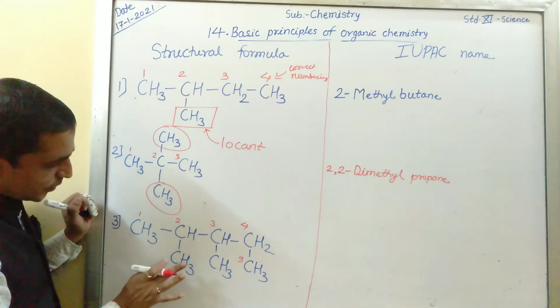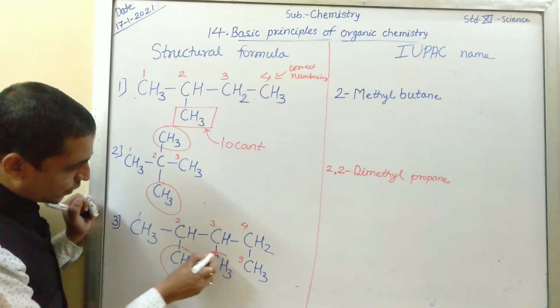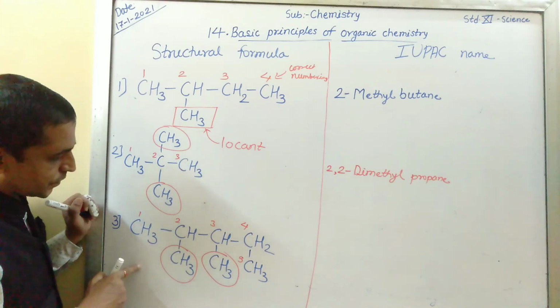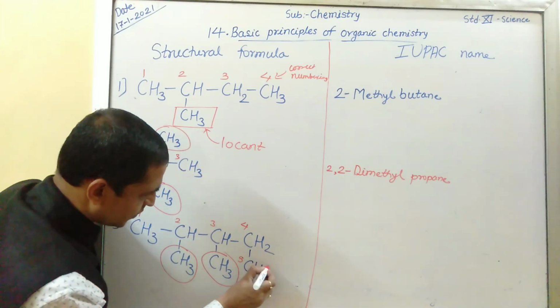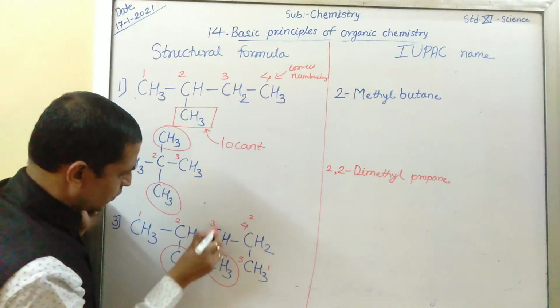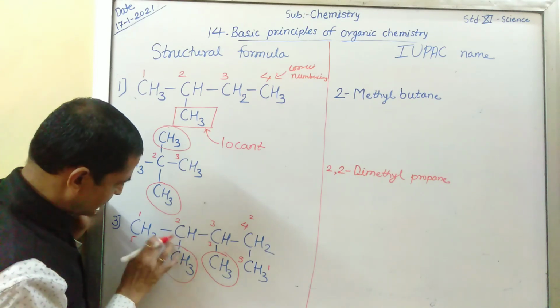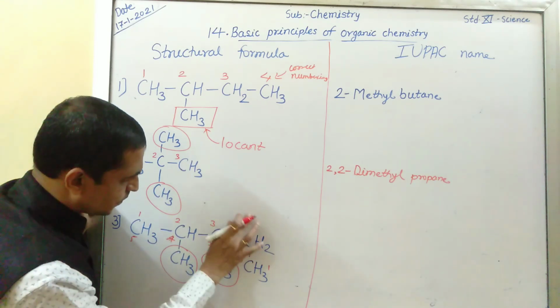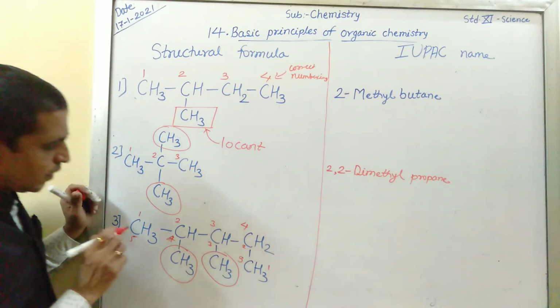Now what happened here? There are locants at the second position and at the third position. If you count this way, it is 1, 2, 3, 4 and 5.